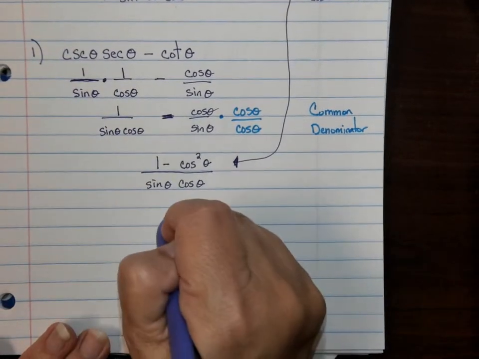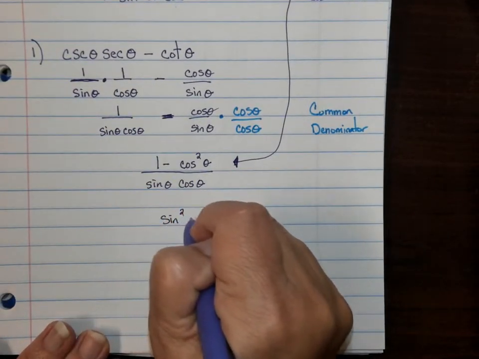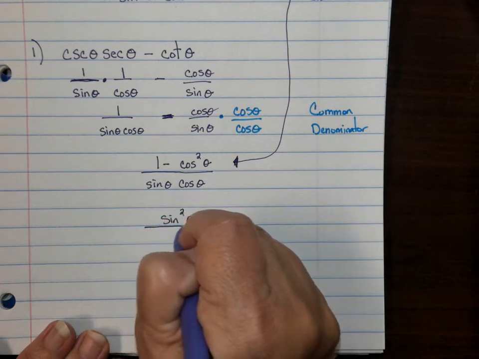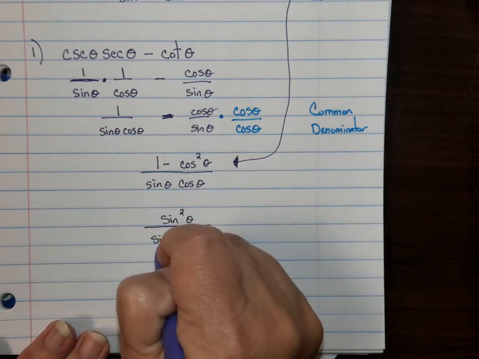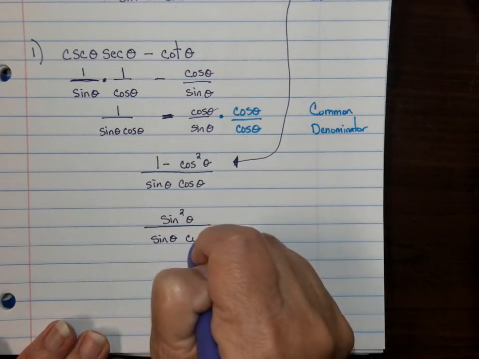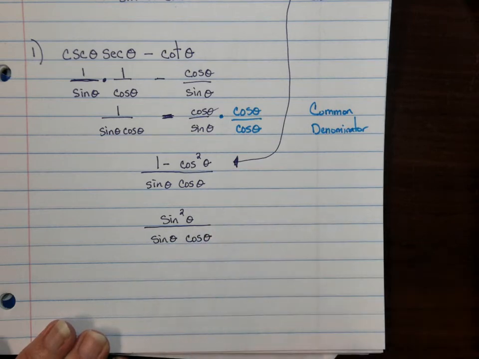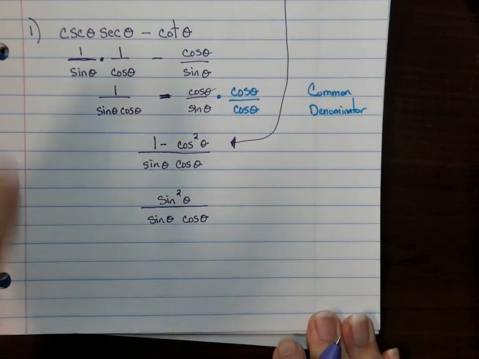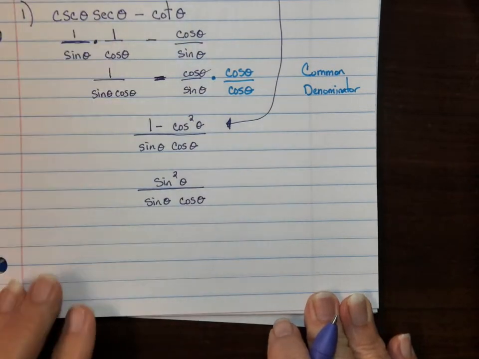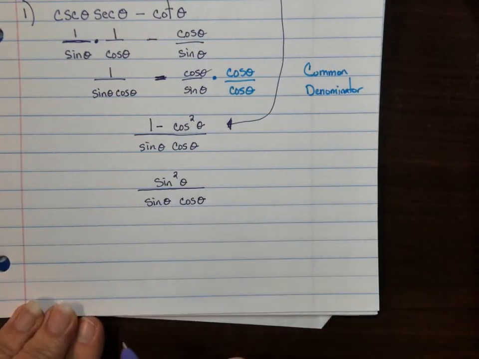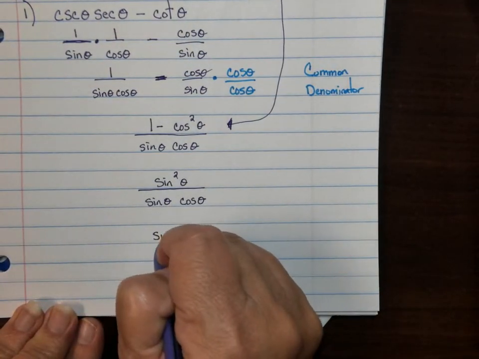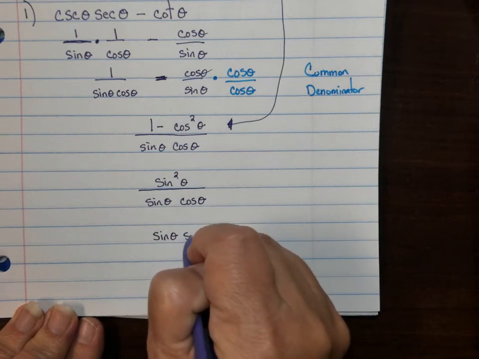So that's going to be sine squared theta over sine theta times cosine theta. Well, think about what sine squared theta means. It means sine theta times another sine theta.